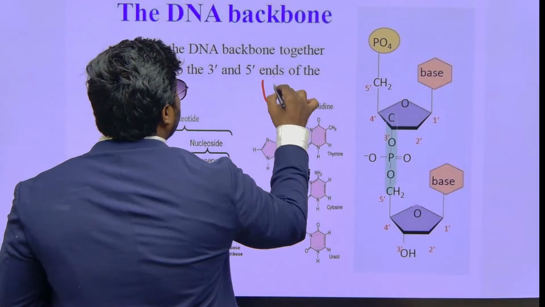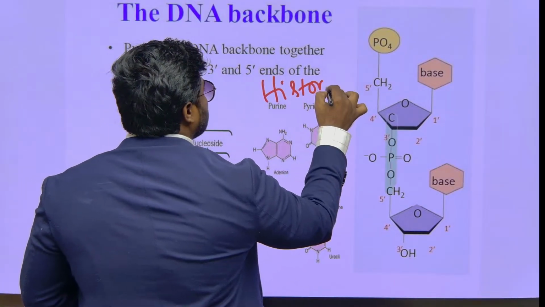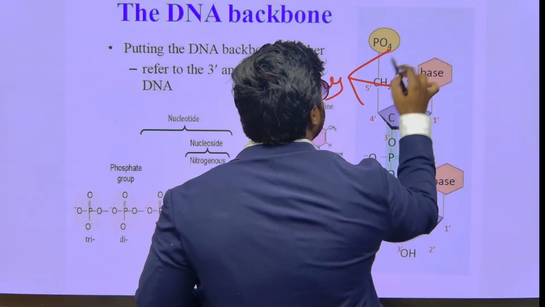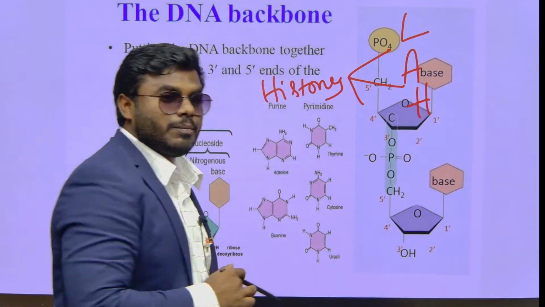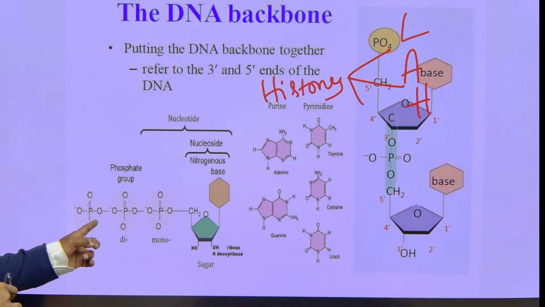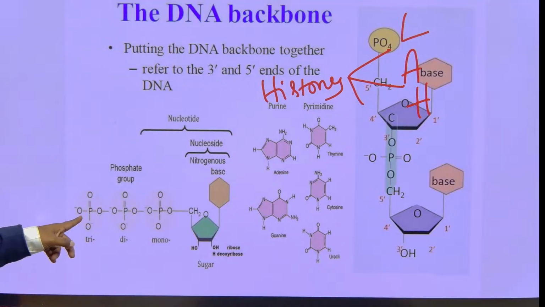Histones are positively charged, because they contain amino acids like lysine, arginine, histidine, which are positively charged. DNA is negative because of the presence of phosphates. That's why histones can wrap around the DNA so easily.